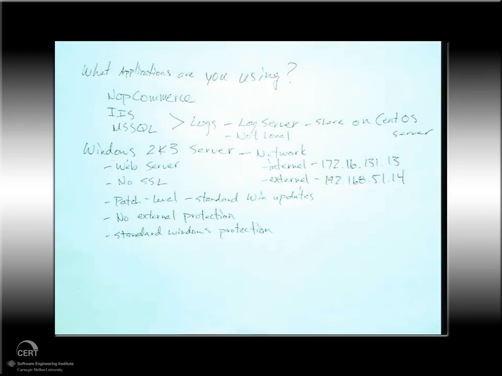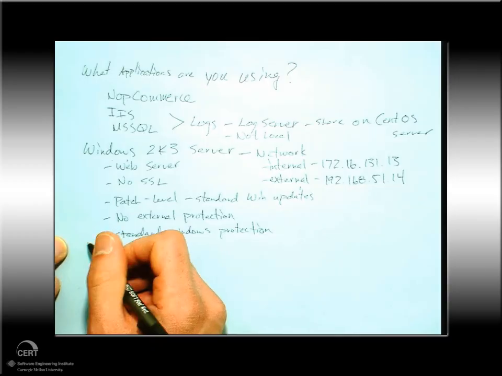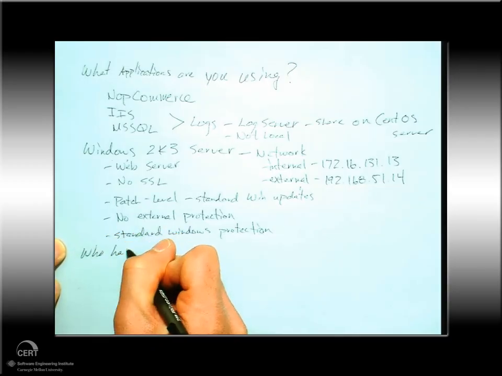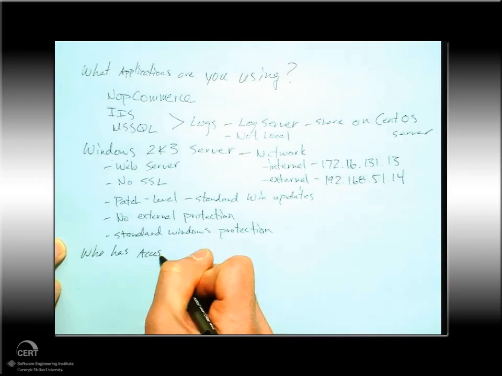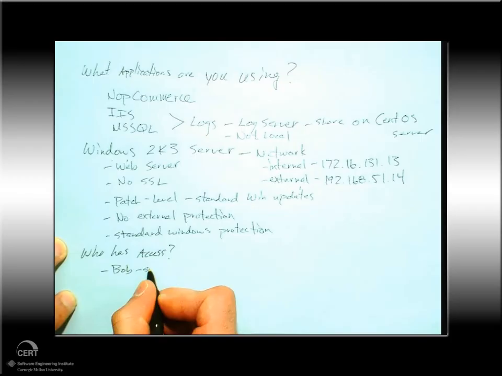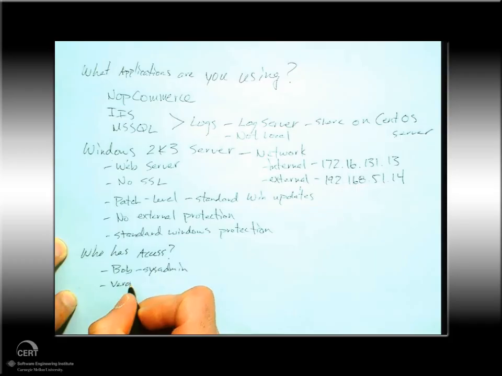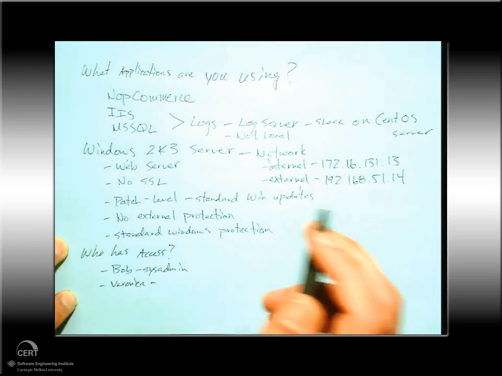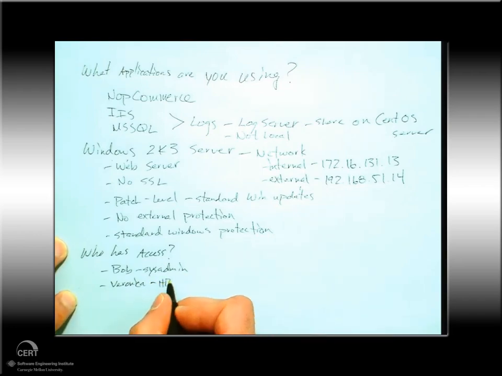Who has access to the server other than the systems administrator? Right, that's a good question. So Bob, who's the sysadmin. You also have Veronica, who is basically the HR and accounting person, and she accesses certain files on the server because they also use it to store packing slips and things like that, exported from the application.